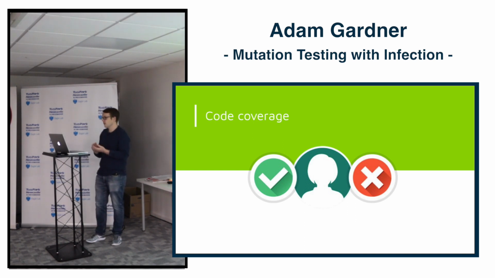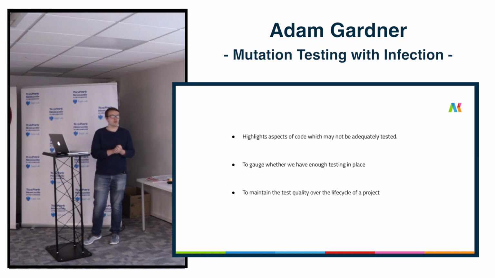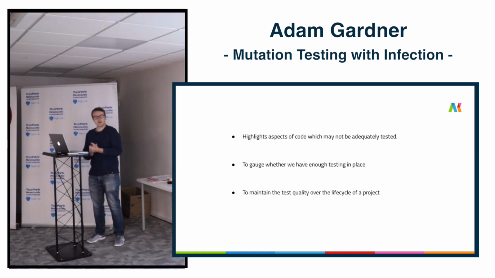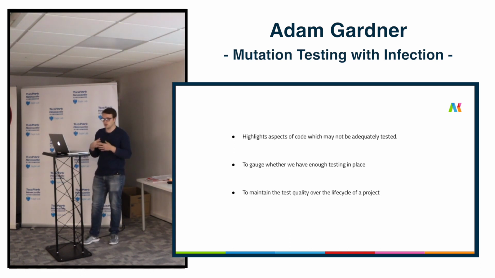Code coverage is a useful tool that we use to monitor and report on our automated unit tests. It highlights aspects of code which may not yet be adequately tested. Say you've missed a part, you thought that everything in your files was fully tested, and it can highlight something that's not tested.